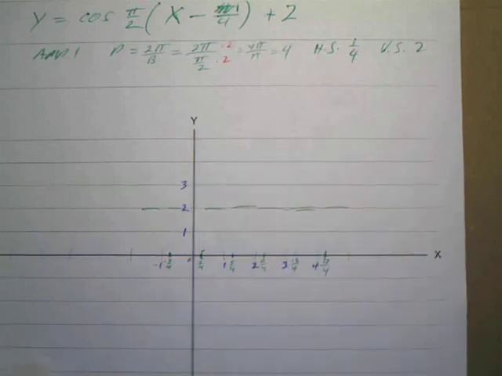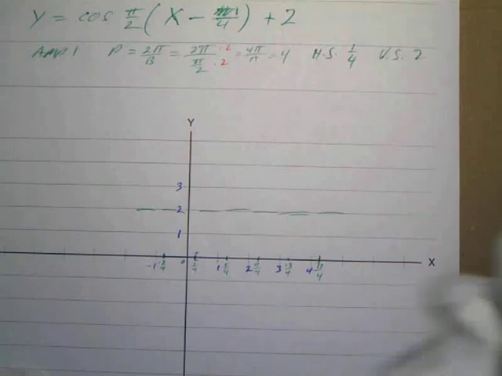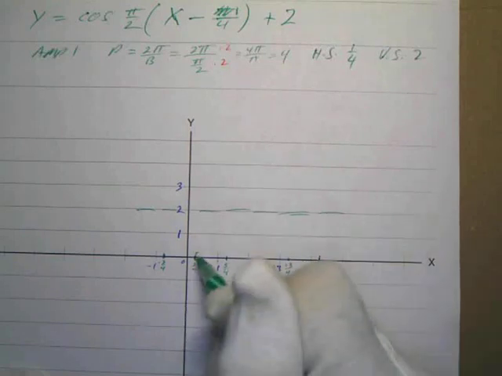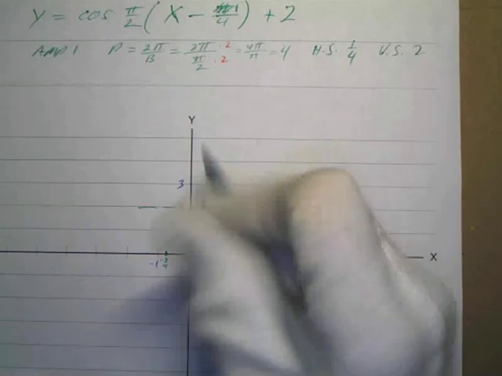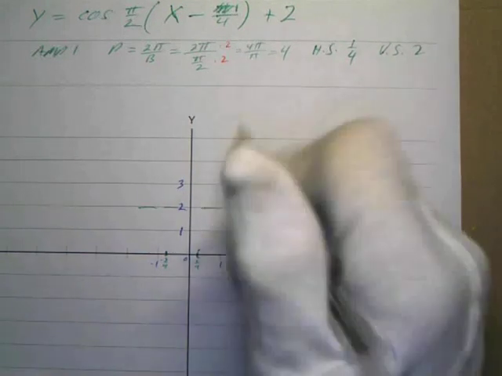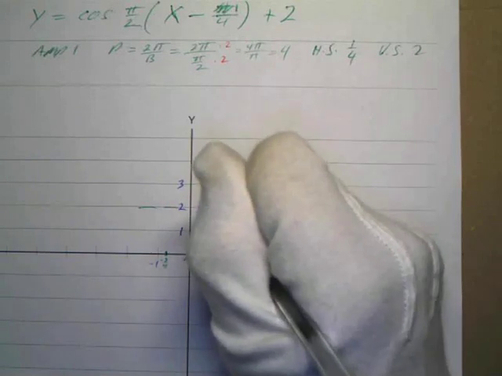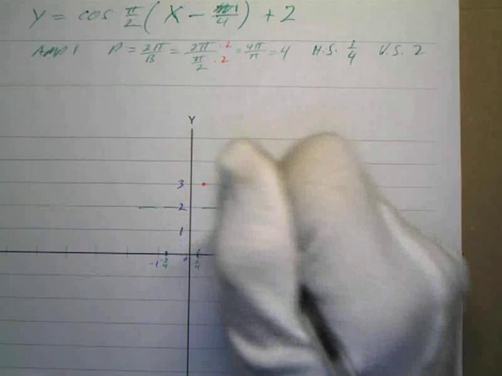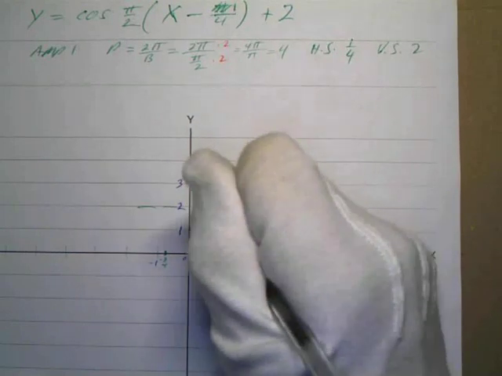And the cosine of 0 is 1. So this will be my 0 right here, so it should be 1, because my amplitude is just 1. So I'm going to start here, and I start at 1. Actually, that's 1/4. Gotta be careful as I go up.